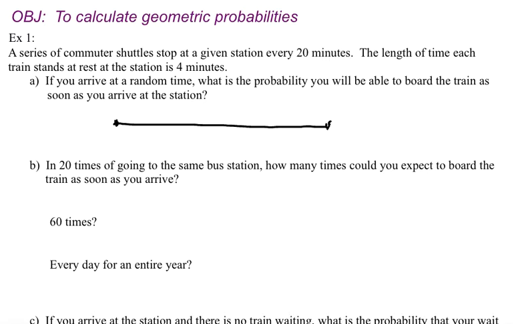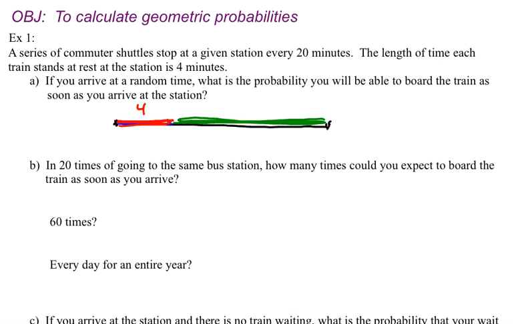Length of time each train stands at the station is 4 minutes. So I'm going to put 4 minutes right here. And actually, I'm going to do that one red because that's kind of like my stop time, right? 4 minutes it stopped, and then it is gone for, whoops, not 20.